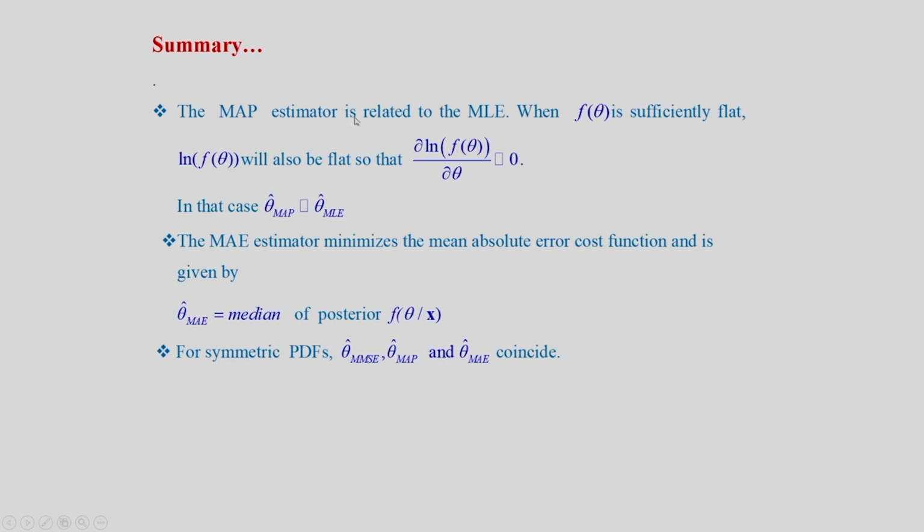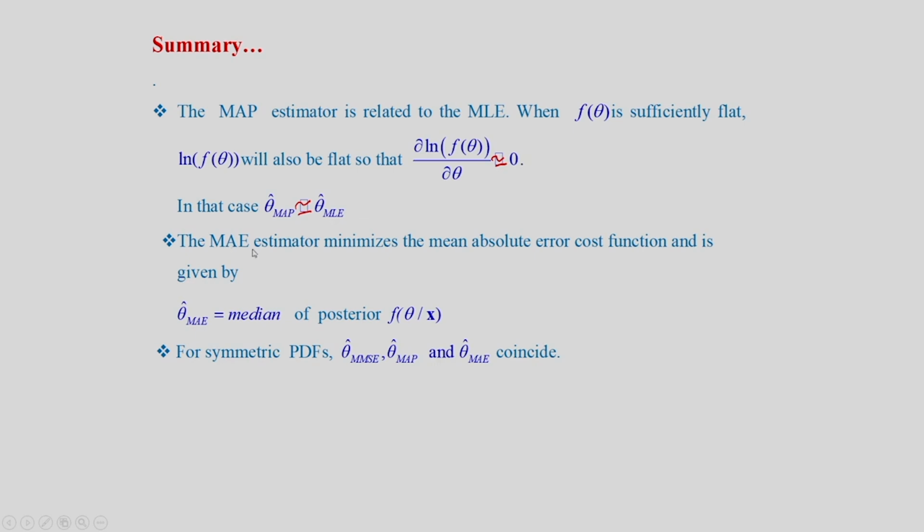The MAP estimator is related to the MLE. When f of theta is sufficiently flat, log of f of theta will also be flat, so that the partial derivative of the log likelihood function with respect to theta will be approximately equal to 0. So, in that case theta hat MAP will be equal to theta hat MLE.